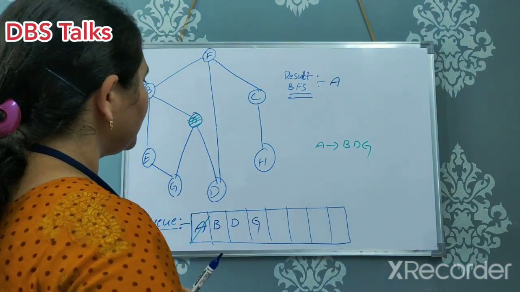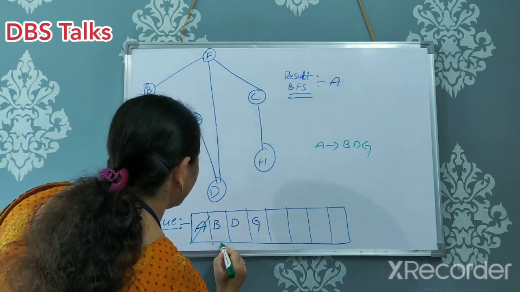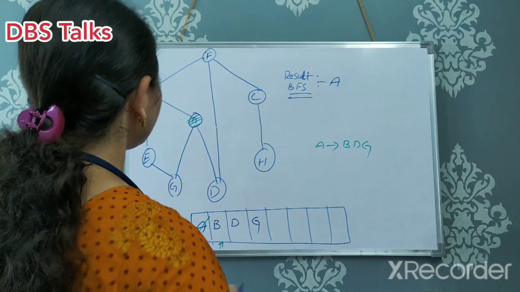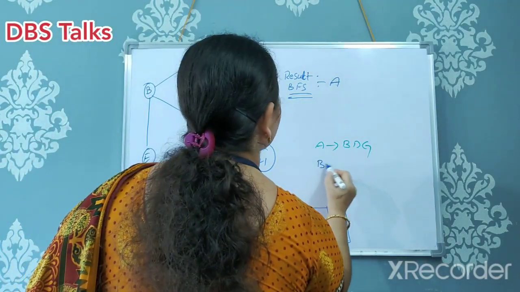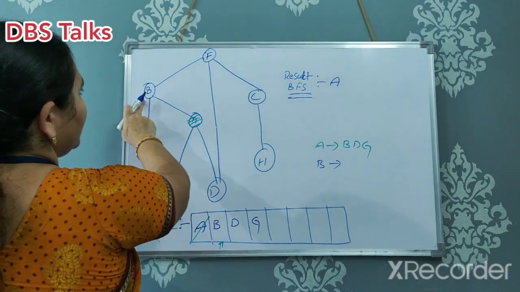Now we will go for B. What are the adjacent vertices of B?